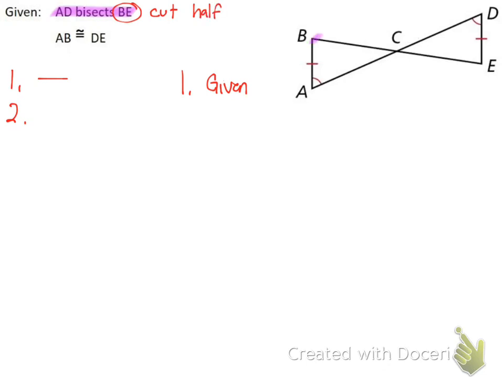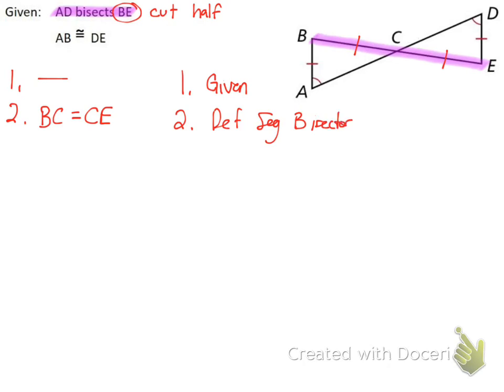And so if BE is the one that's being cut in half, I know that BC is equal to CE, by definition of a segment bisector. I can look at my next given statement. It's just AB is equal to DE, two lines with it.